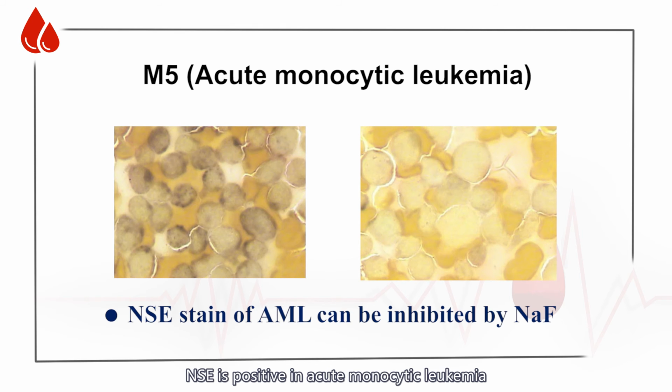NSE is positive in acute monocytic leukemia and can be inhibited by sodium fluoride. AAP is increased in ALL and reduced or negative in acute granulocytic leukemia, normal or increased in acute monocytic leukemia.